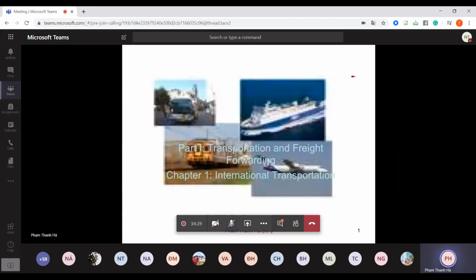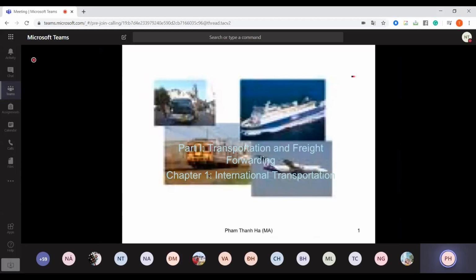And of course, remember that we have international sales contracts, so the seller and the buyer must be in different countries. In other words, we have to mention terms like exporter and importer. So we also have to mention the international transportation process.